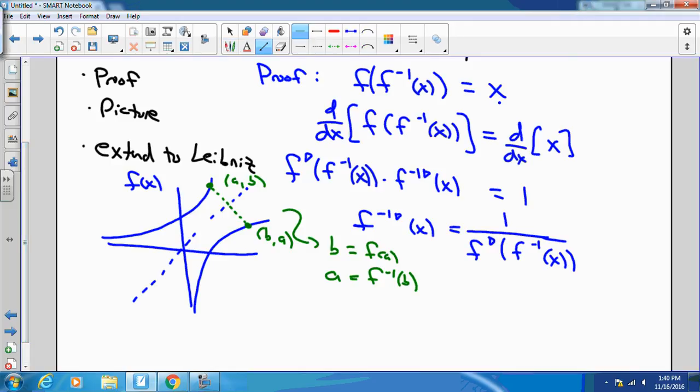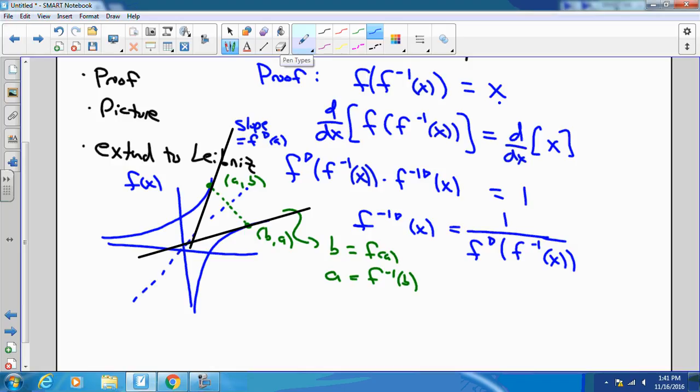And if I now draw myself lines tangent to f at a, then the slope of this line is f prime of a, and the slope of the tangent line at the matching point is f inverse prime of b.